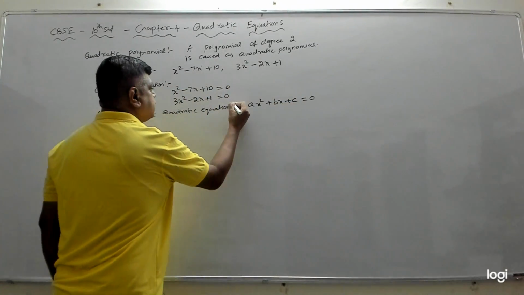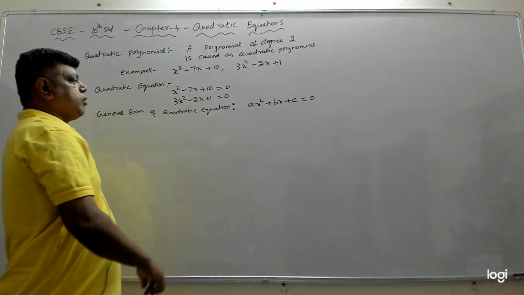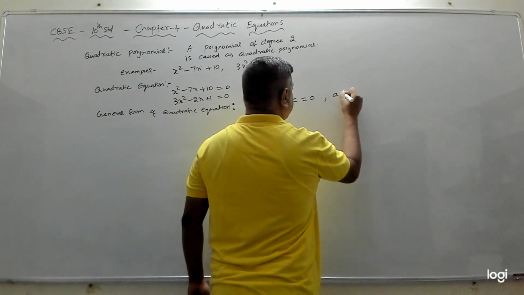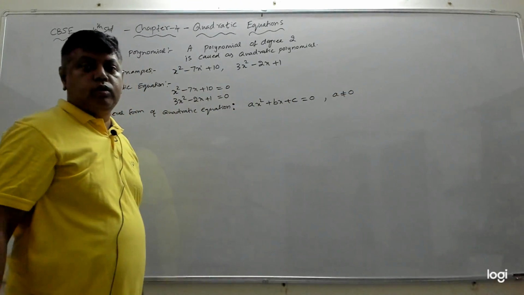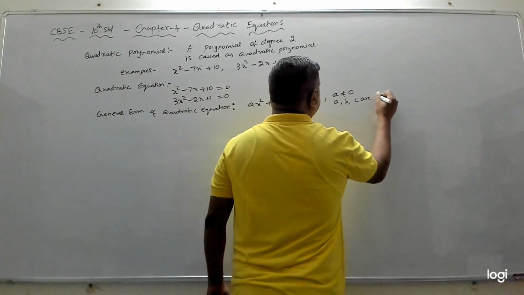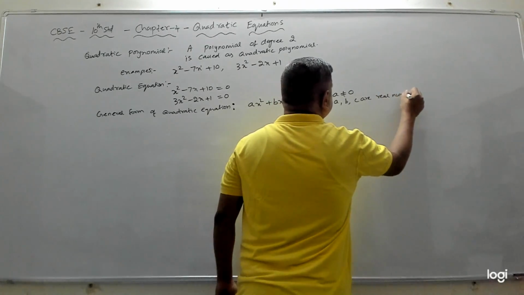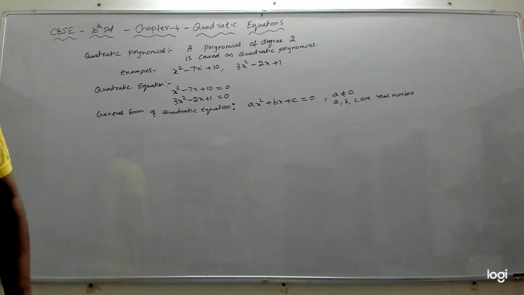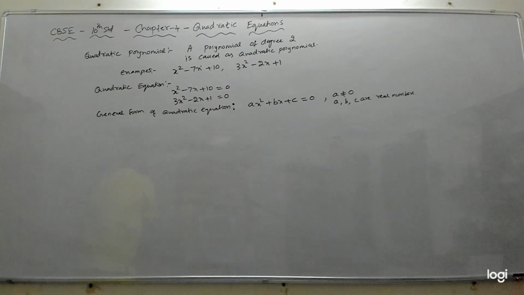Any equation in this form is called a quadratic equation, and also the condition, which is very important: a should not be equal to 0, and a, b, c are real numbers. So any equation in the form ax square plus bx plus c equal to 0, where a, b, c are real numbers, is called a quadratic equation.